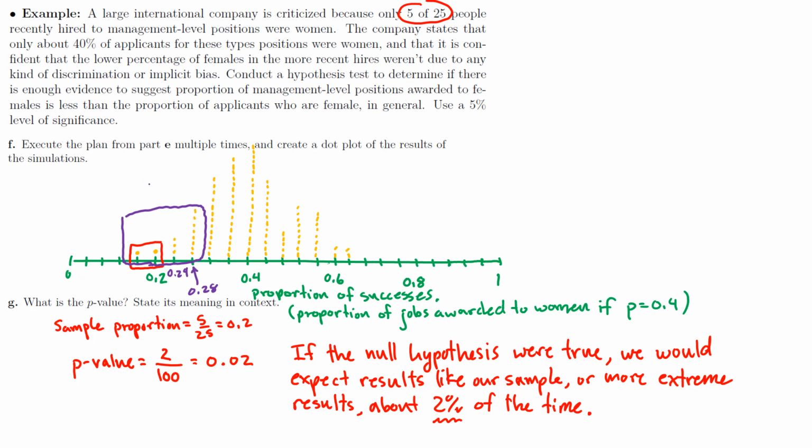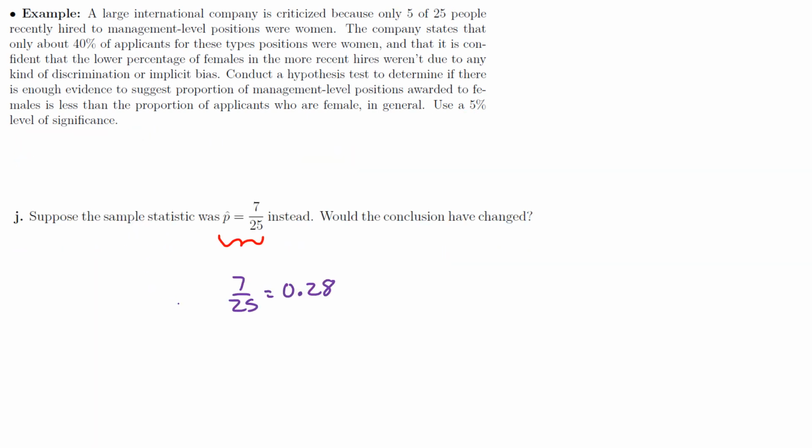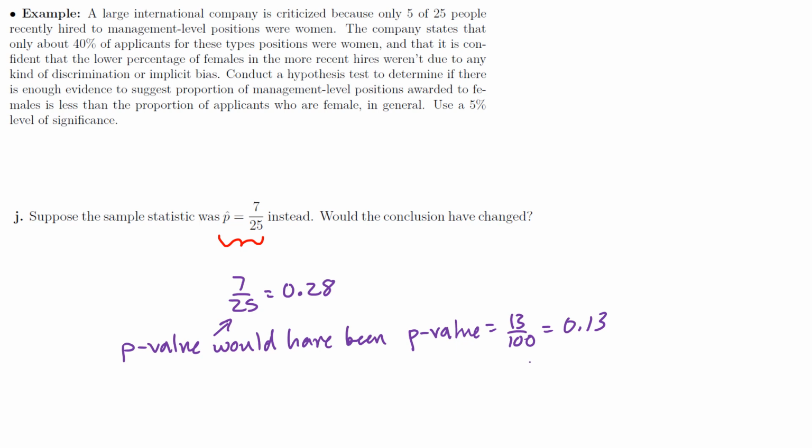So what we can see is that 13 times out of 100, we would have gotten results like ours. And so what that would have meant is that the p-value would have been 13 out of 100, or 0.13.